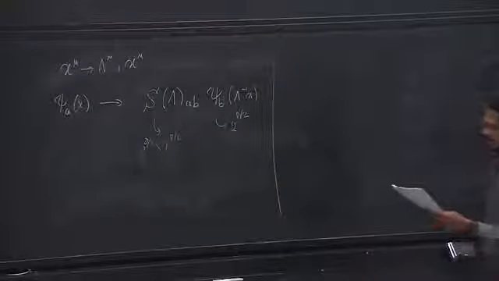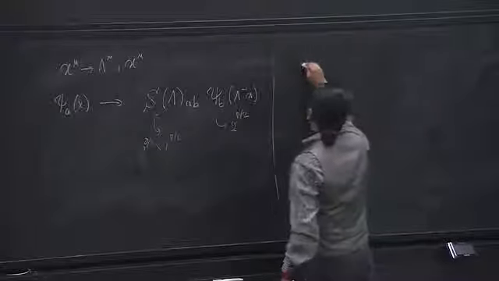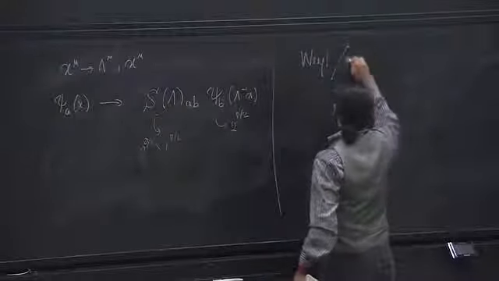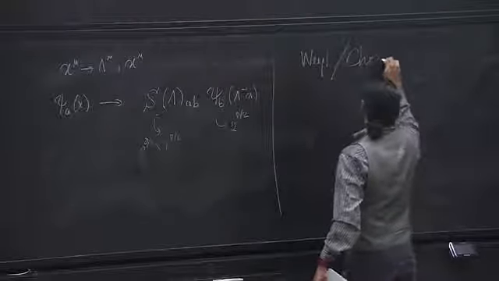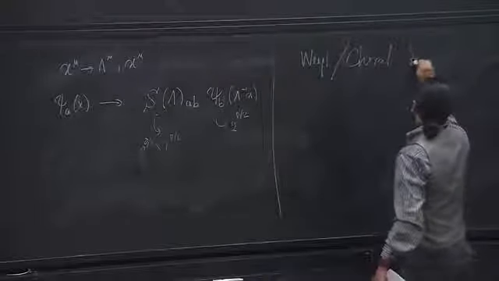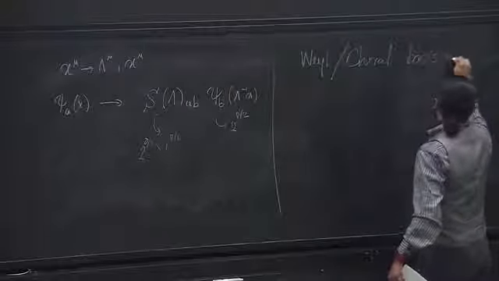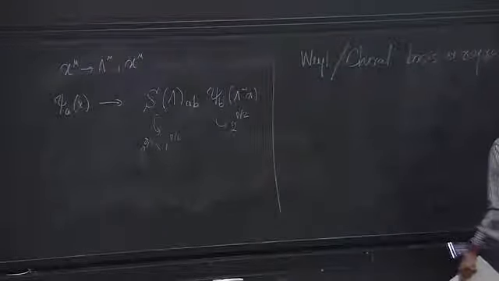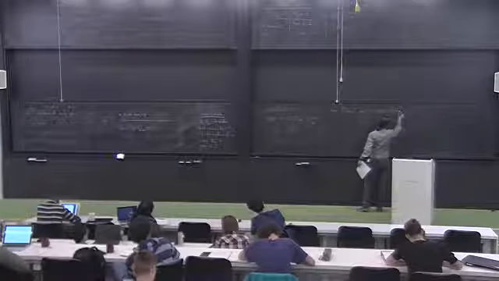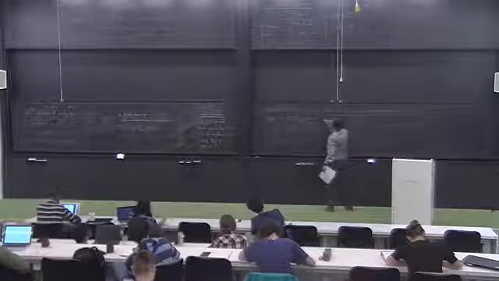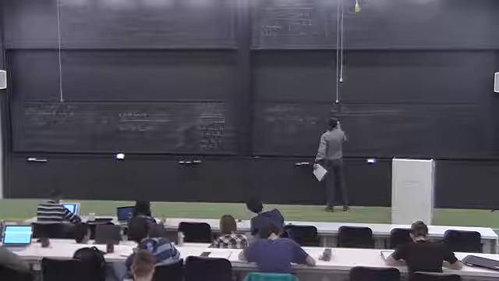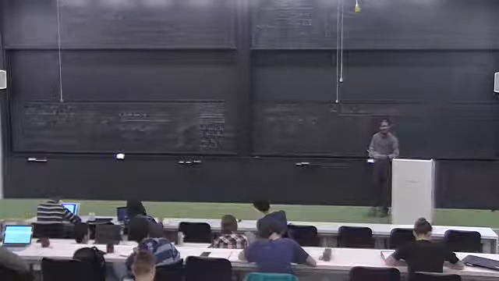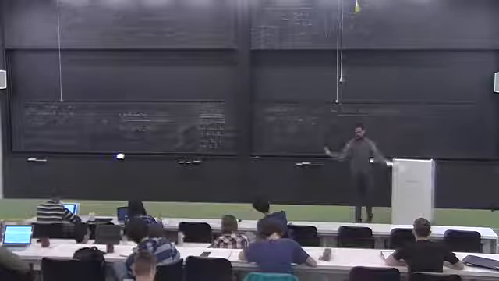So let me give an explicit basis for the Dirac matrices called the Weyl basis. It's also known as the chiral basis or representation. And it's defined by the basis in which your gamma 5 is diagonal.